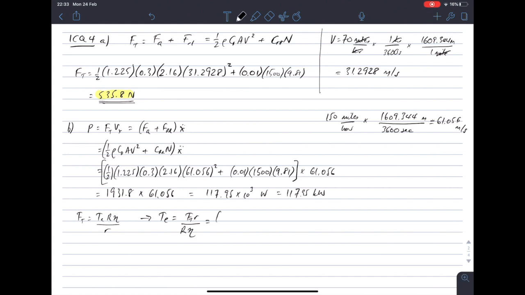If we plug in the numbers, 1931.8 times by 0.31745 divided by 3 and divided by 0.9. Doing that sum, you get 227.13 Newton meters.